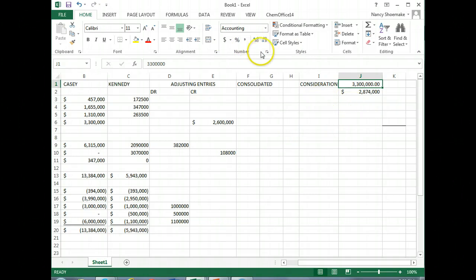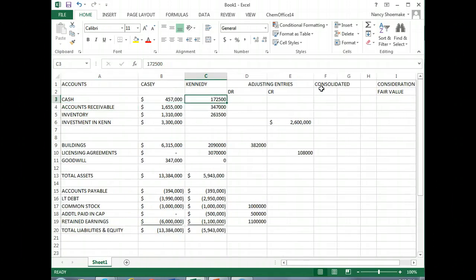So guys, let me just reiterate what I did there. The consideration is what we're paying for the company. We need to take the fair value of all assets acquired. The fair value will consist of the cash, accounts receivable, the inventory, the building plus the fair value change, the licensing agreement minus the reduction in the fair value, and then we're assuming their accounts payable and long-term debt.